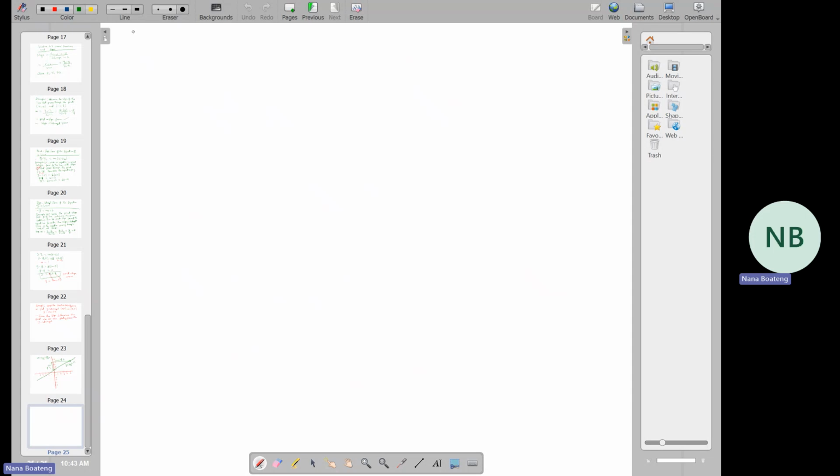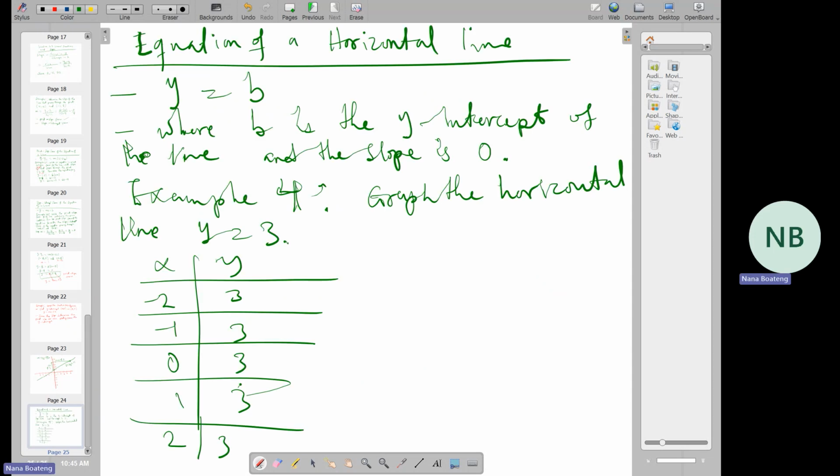To graph this horizontal line, we're going to pick a pair of x points and find the corresponding y point, which will always be the same. So we can pick x points from -2, -1, 0, 1, and 2. And the y point will always be 3. It doesn't change.